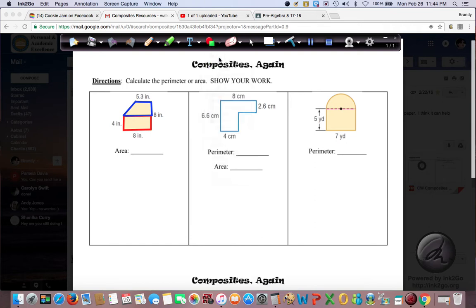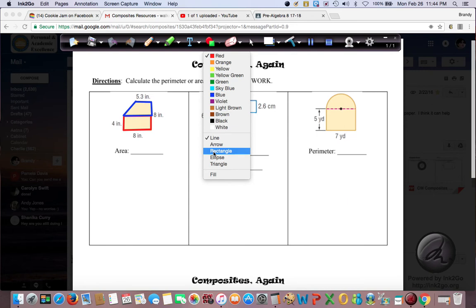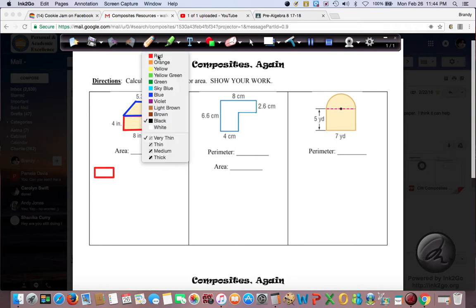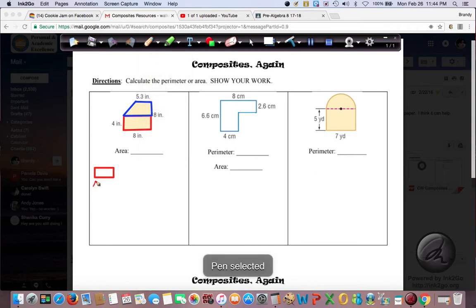So if we want to first look at our rectangle, it's going to be a 4 by 8. Do you see that? That's going to be your rectangle right here. So area of a rectangle is length times width.